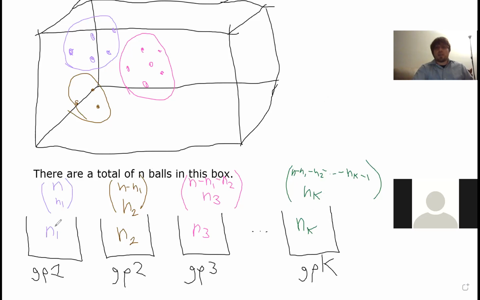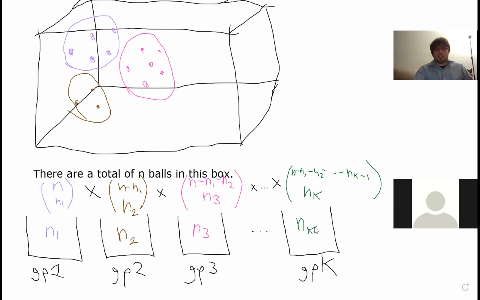To find the number of ways to choose n1 things for group 1, n2 things for group 2, n3 things for group 3, and so forth, up to n sub k things for group k, you just multiply these together, including all the ones in between. That product makes up the total number of ways to select these many things from each of those k groups.